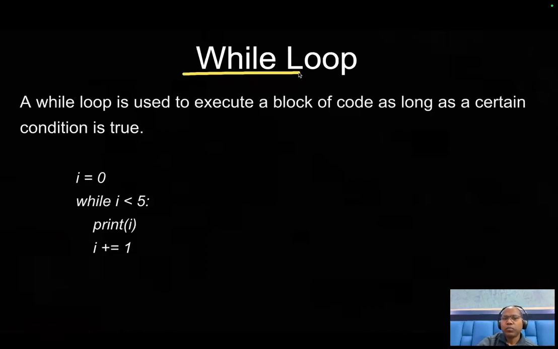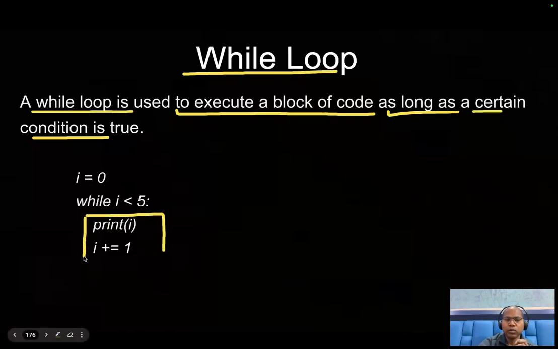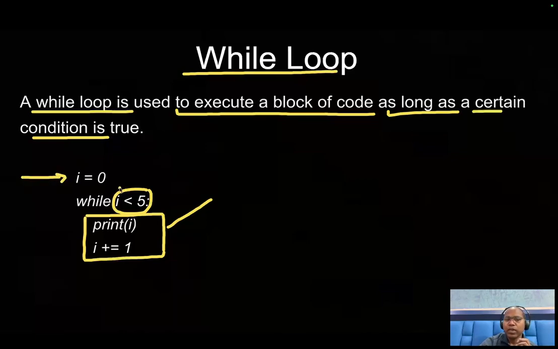So the while loop. The while loop is used to execute a block of code as long as a certain condition is true. Here this is the set of lines of code, this is the block of code. You want this block of code to be executed until the condition i less than or equal to 5 fails. So here I initialize i to 0.